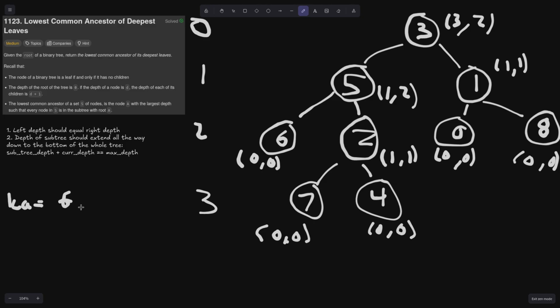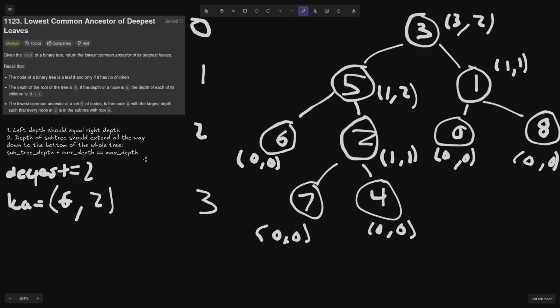In addition, I'm going to keep track of the depth that we found it at. The deepest depth right now is equal to 2. This is important because if we find a new deepest depth, this LCA is immediately invalidated.